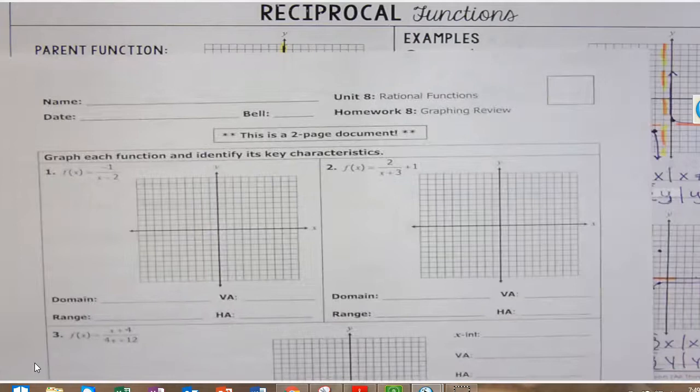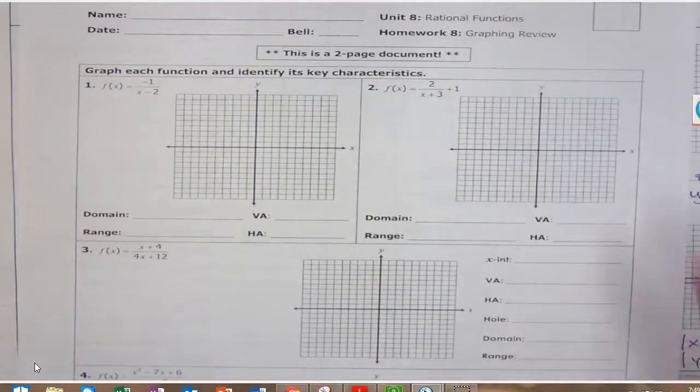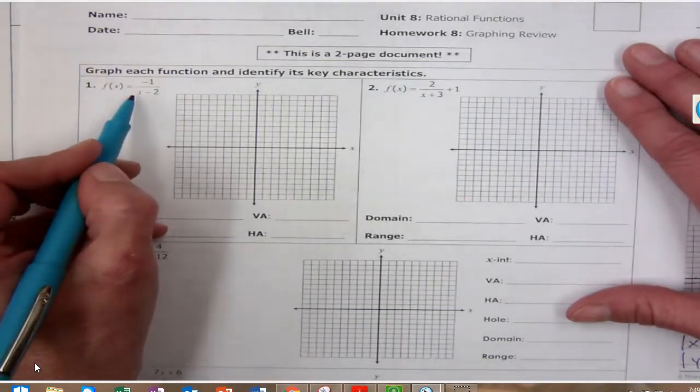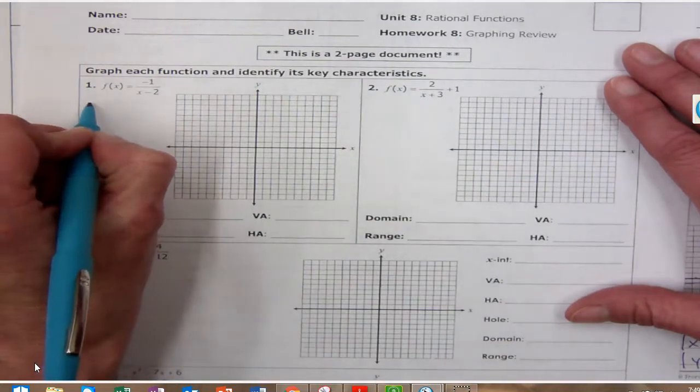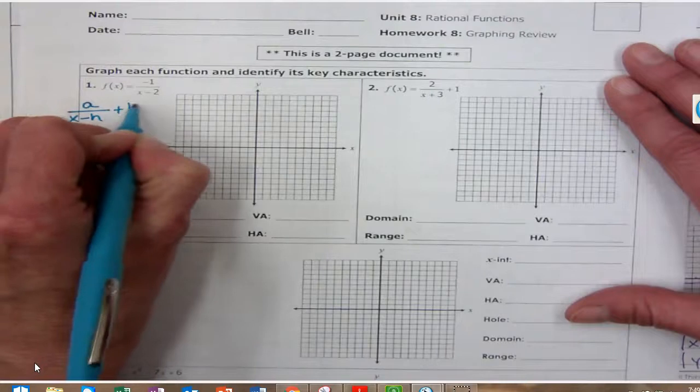So on the review, if this is my equation, this is the same as a over x minus h plus k.